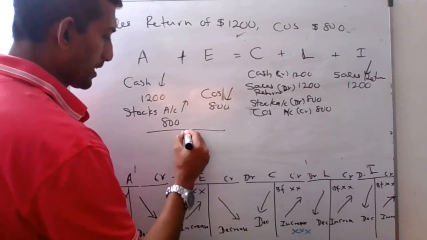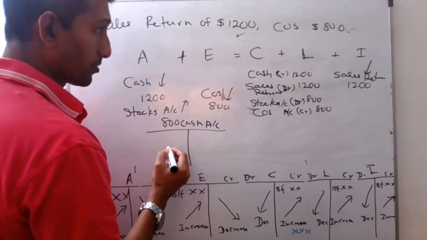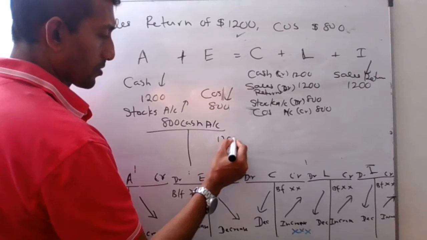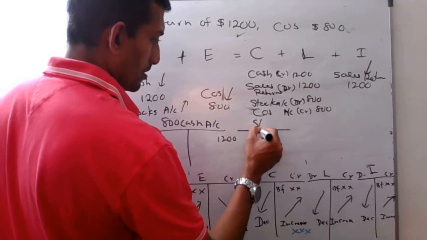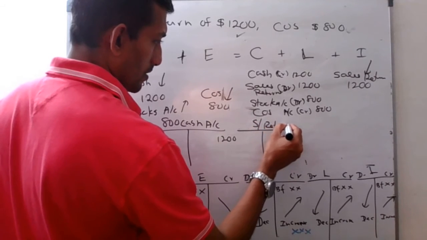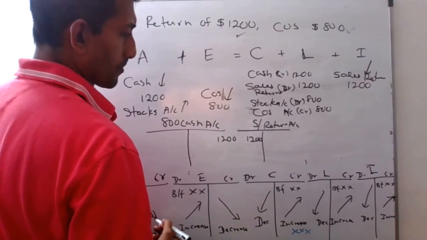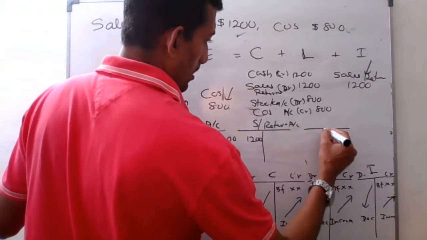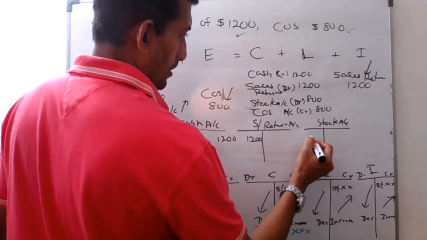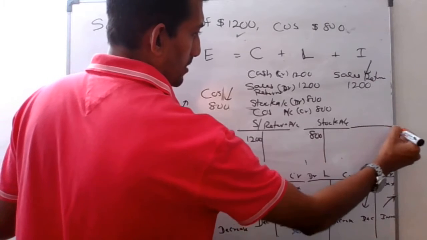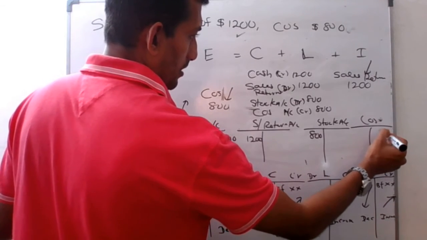So if I put it into the ledger, I can see the cash account where I'm going to pay, therefore 1200 credit, and I see a sales return account where I'm debiting 1200, and then I can see the stock account is debiting 800, and I see my cost of sales is crediting 800.